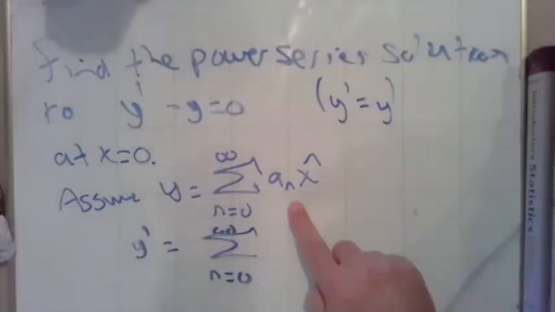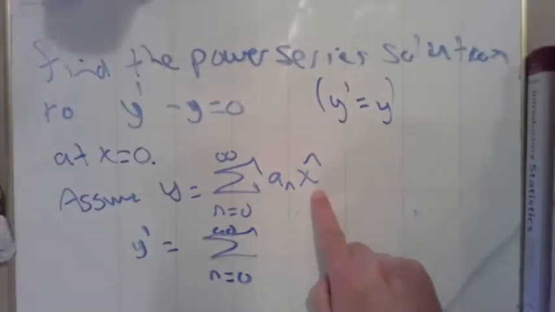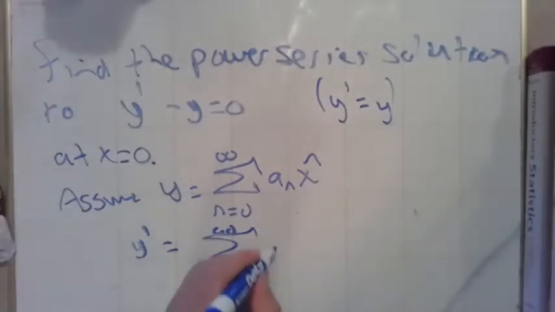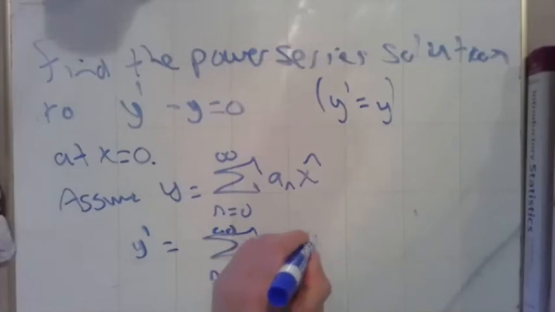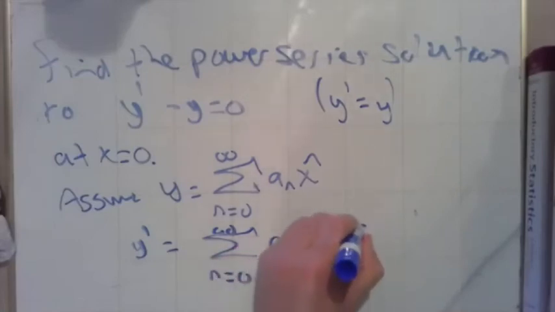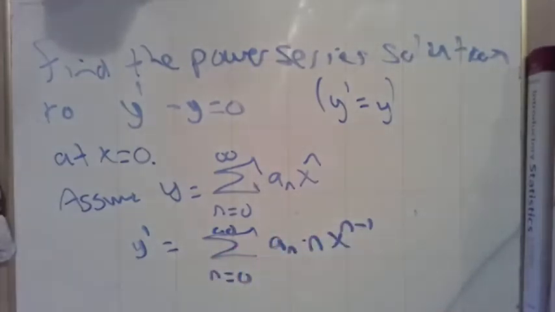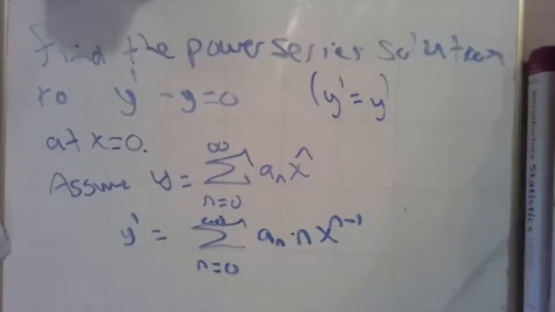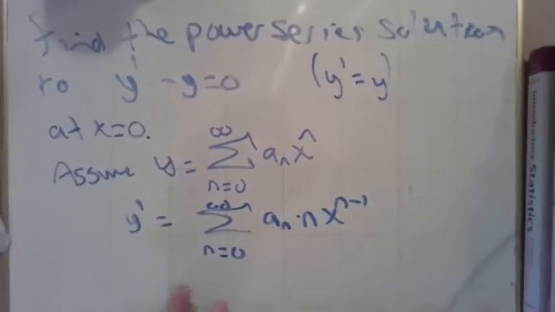So the derivative of a sub n x to the n, where a sub n is a constant, will be a_n times n x to the n minus 1. Now notice, we won't do this on all the problems, but I think it'll be helpful on this one. Notice my very first term. Let's write out some of these just for fun.